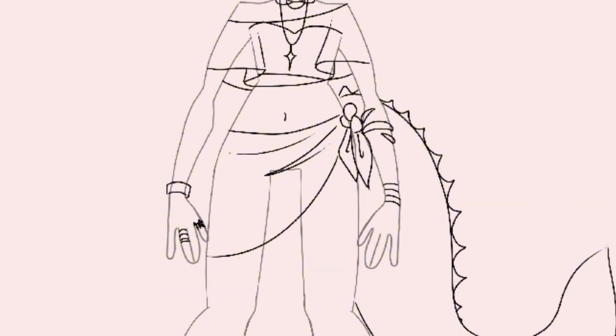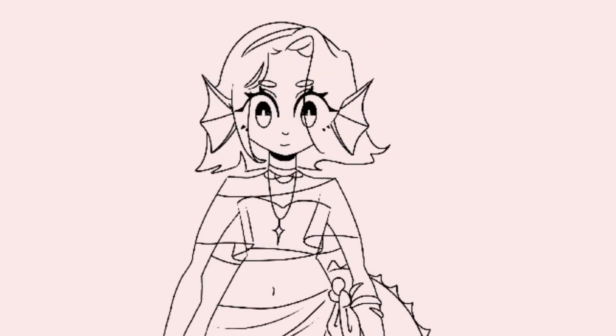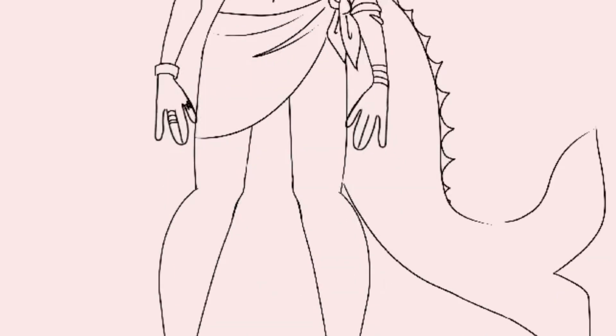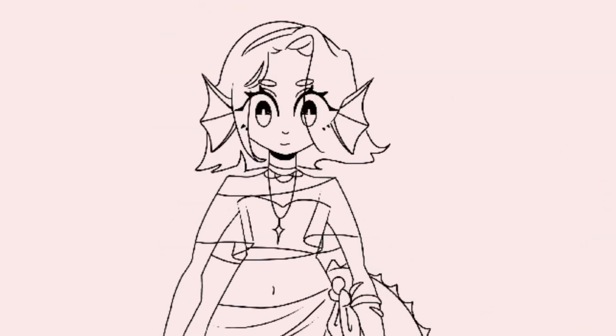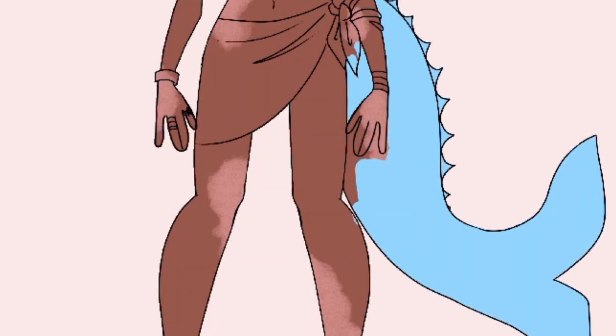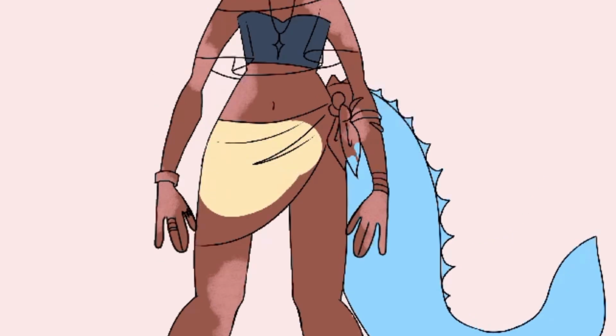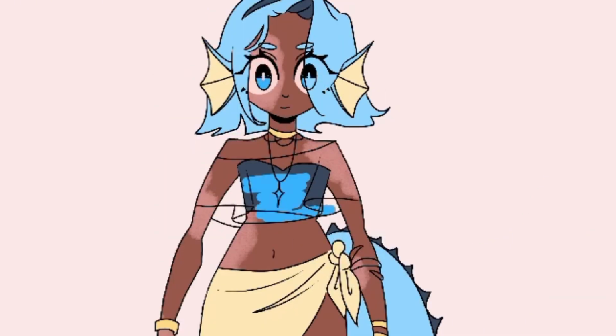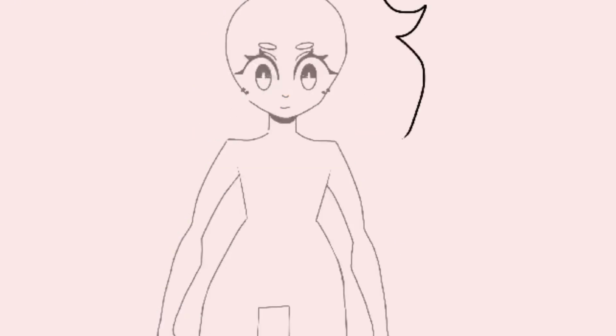Like with this character here, I gave her vitiligo because I thought it worked really well. And there are characters I've made that may have lost a limb, like an arm or a leg, or even characters that are wheelchair bound, and obviously a lot of other things, characters with hearing aids, characters with glasses, obviously, that's not as wild. But don't be afraid to go wild with this stuff.